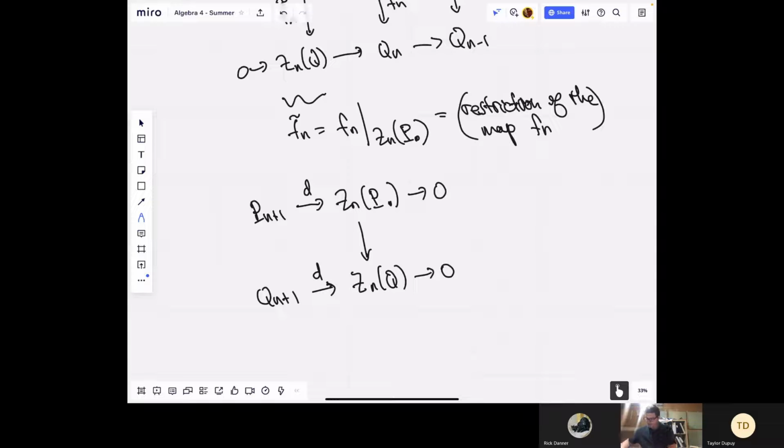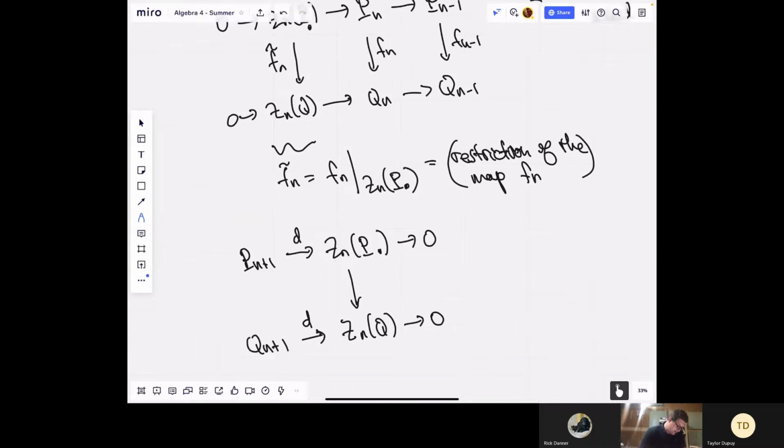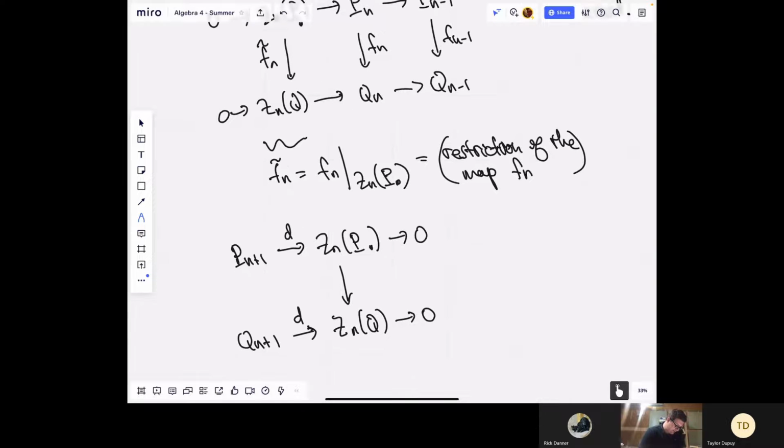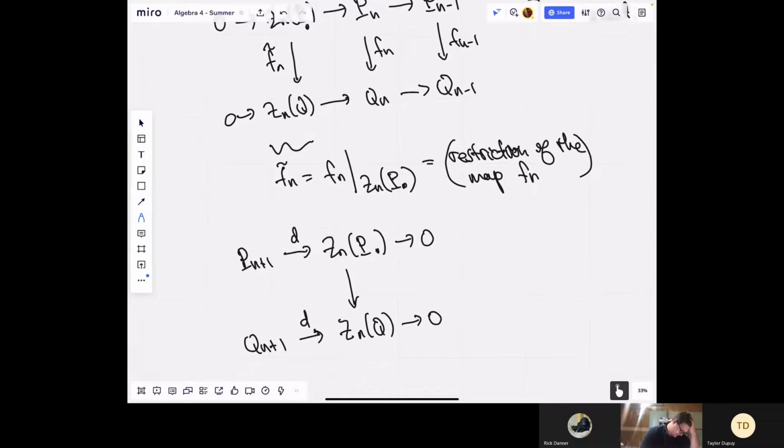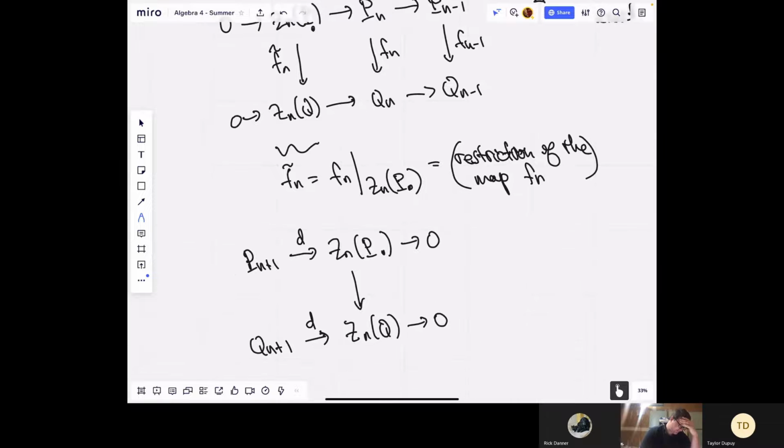One moment. Here's the proof over here. Okay, so we have this map like so. This isn't surjective, so do we need it to be surjective?